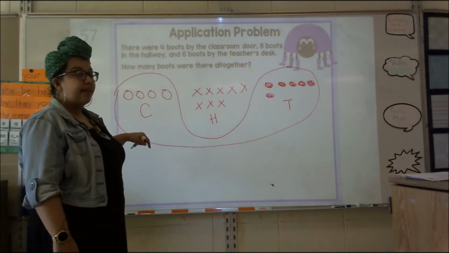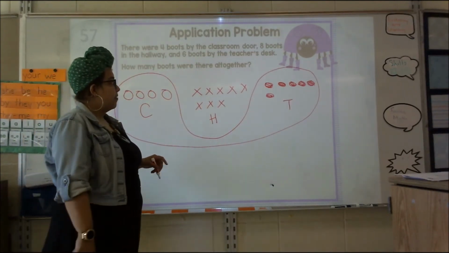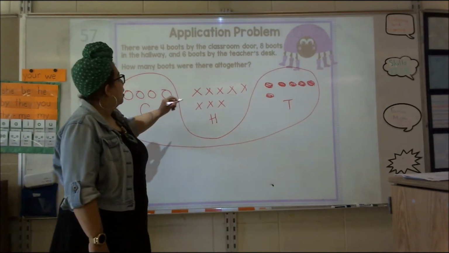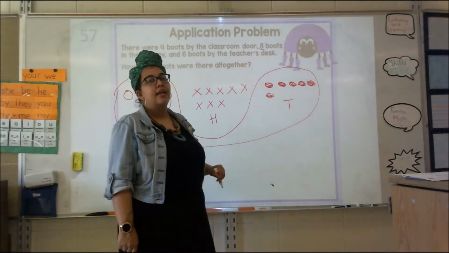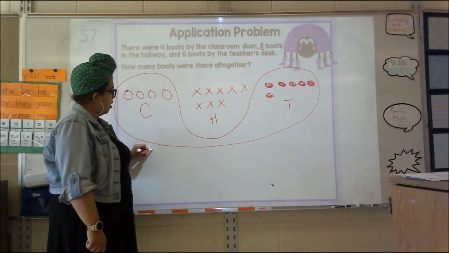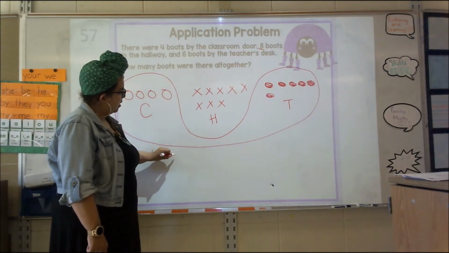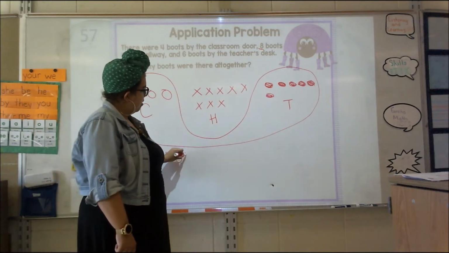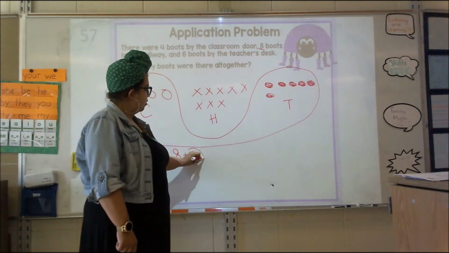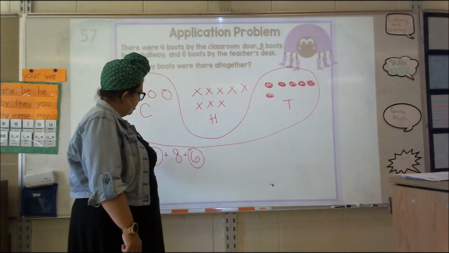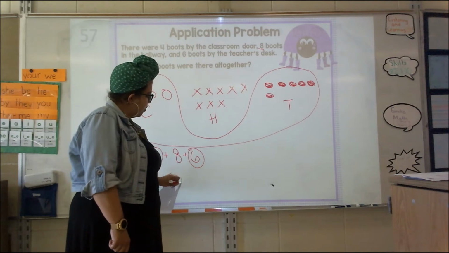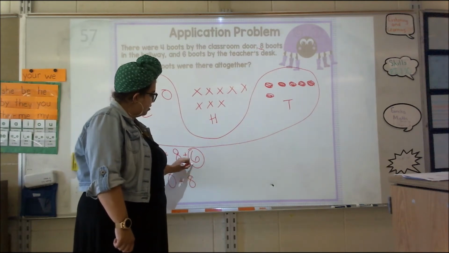Because 6 and 4 make 10. And then we have the boots in the hallway, which is how many boots? 8 boots. So 4 plus 8 plus 6, we said this is 10 plus 8.